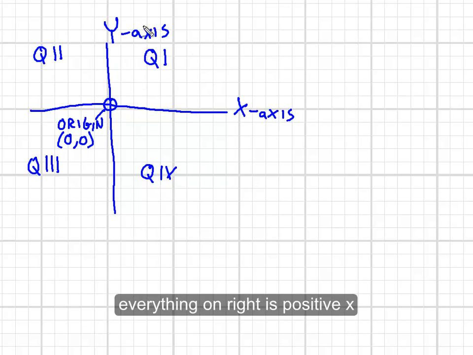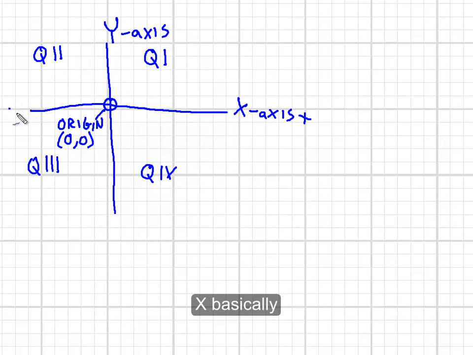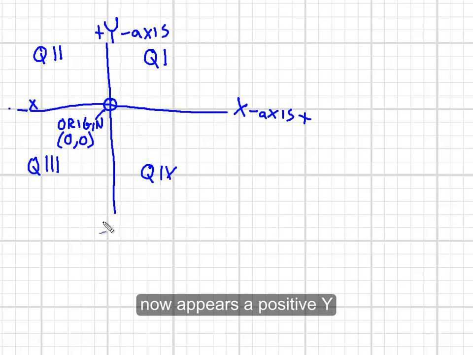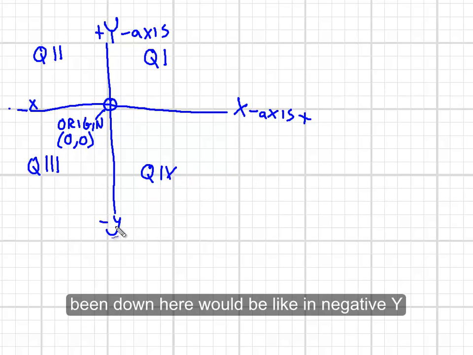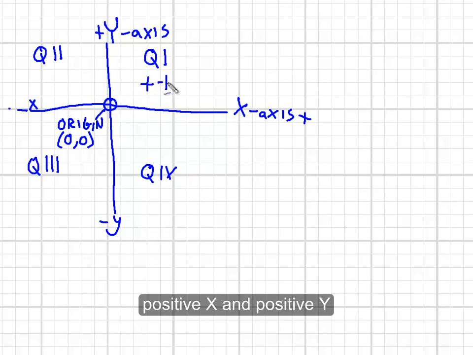Next thing to know is when we have x and y axes, everything on this side is positive x, at least the way we're going to define most of it, and over here is a negative x. Up here is a positive y, and down here would be a negative y. So the coordinates in this block here would be positive x and positive y.